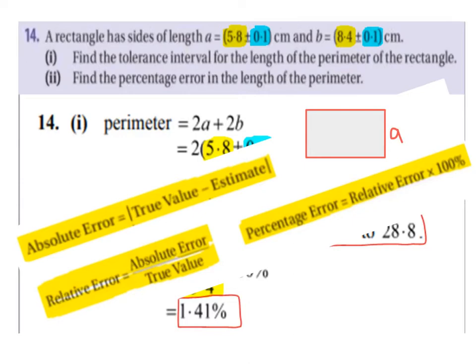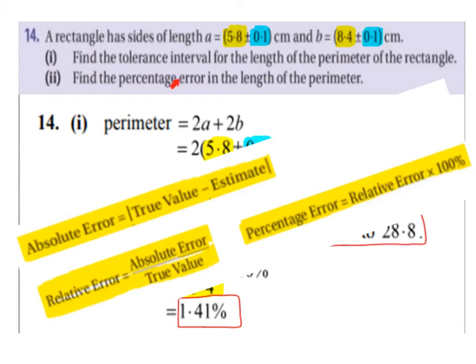So it's somewhere in between 5.8 plus 0.1 centimeters and 5.8 minus 0.1 centimeters. And the width we're going to label as B. So the width is 8.4 centimeters plus or minus 0.1 centimeters. So the width is somewhere in between 8.4 plus 0.1 centimeters and 8.4 minus 0.1 centimeters.